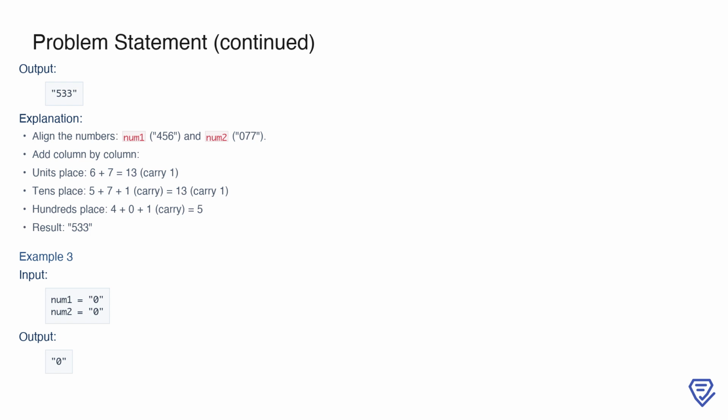Here, we write down the 3 and carry over the 1. At the tens place, 5 plus 7 plus the carry of 1 results in 13 again. We write down the 3 and carry over another 1. Finally, at the hundreds place, 4 plus 0 plus the carry of 1 gives 5. Combining all these results, the output is 533. This example demonstrates how to handle carries effectively during addition.